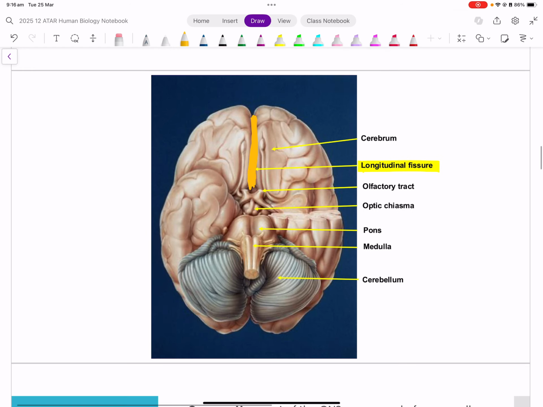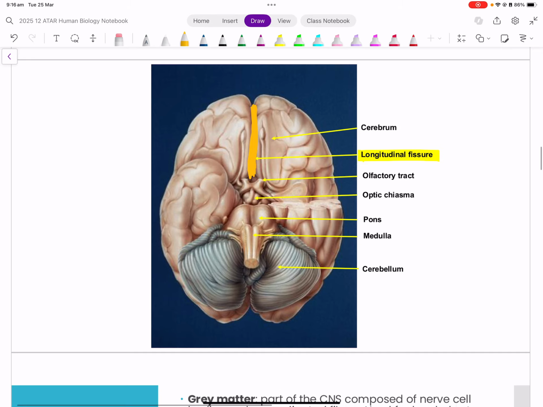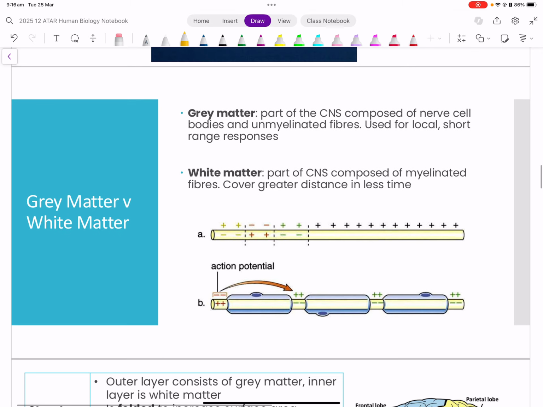Now that we've got an idea of some of the larger structures in the brain, we're going to dive a little bit shallower, and we're going to have a look at some of the differences between white and grey matter. So you may have heard of white and grey matter before, but very simply, grey matter is that part of the central nervous system where the nerve cells and their nerve cell bodies are unmyelinated.